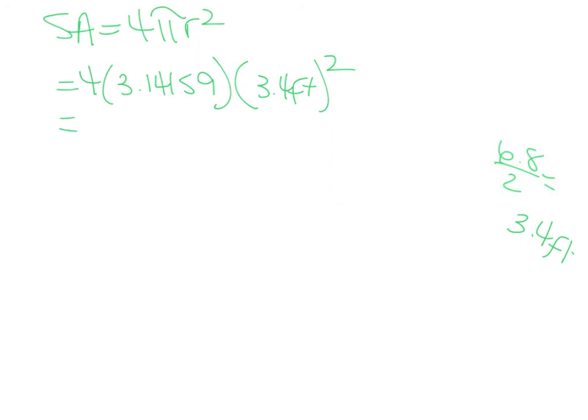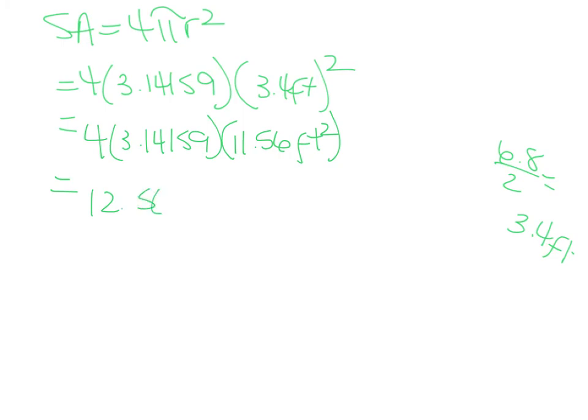When I take 3.4 times 3.4, I get 11.56. So I should write 4 times 3.14159 times 11.56 feet squared now. All right, next step, I'm going to take 4 times 3.14159. That gives me 12.56636, not rounding anything, times 11.56 feet squared.